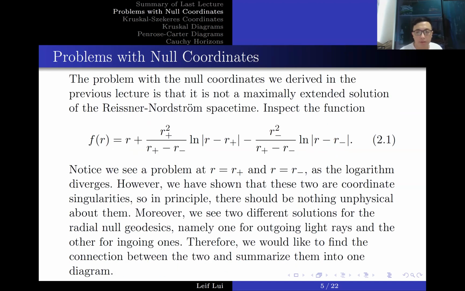Now I will talk about the problem with null coordinates. The problem is very similar to that of the Schwarzschild case. In null coordinates, we can see there are some caveats, because as we derived in the last lecture, if we inspect this function a little bit deeper, we can see that at r equals r plus and r equals r minus, the logarithm diverges, because the natural logarithm is not defined when the argument is less than or equal to 0.